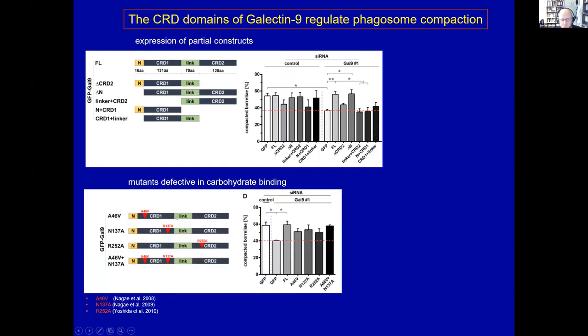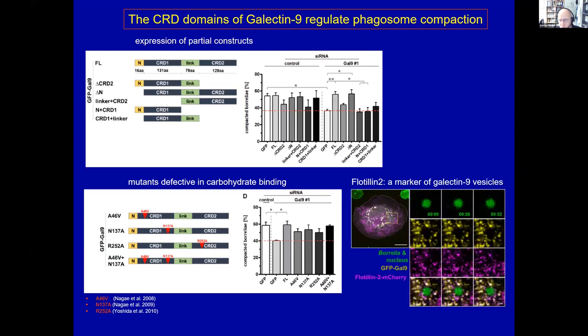However, if you insert specific point mutants that are known to bind specific carbohydrates, you don't get really a clear answer. So the main message from this is that you need both of these carbohydrate binding domains, but none of the prominent carbohydrate binding partners of these domains seem to be involved in the compaction of Borrelia.